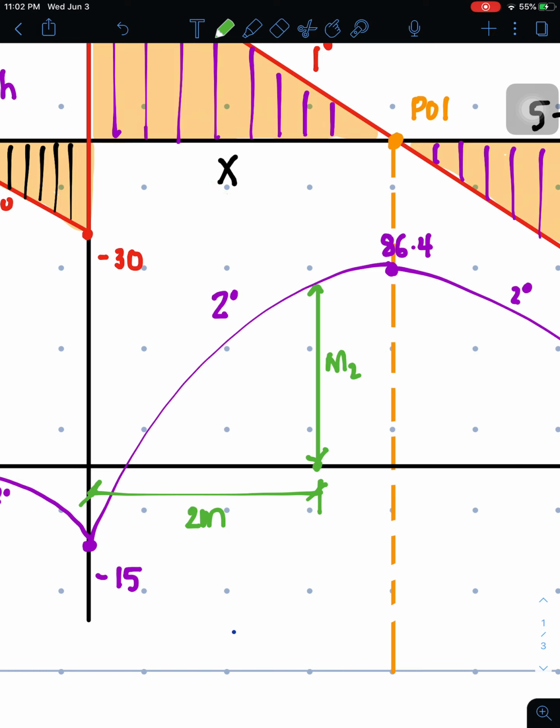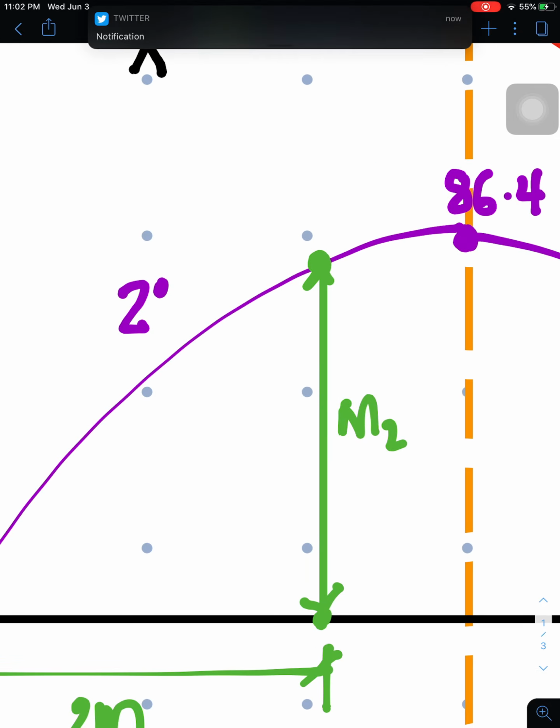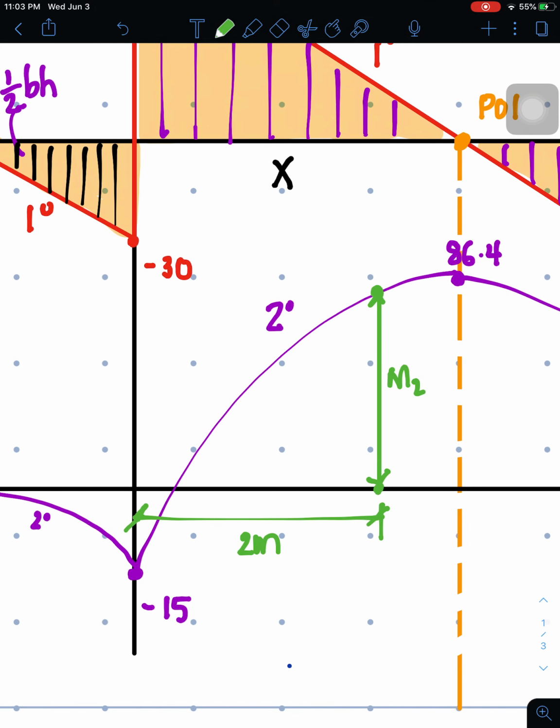Okay, so if that's the case, then we need to find this portion of the moment. How do we solve that? Actually, we need the spandrel. The spandrel that we are going to draw is from this portion of 86.4 horizontally, because this represents the 86.4, and the vertical distance represents the height of our spandrel, and of course this is the curve of our spandrel.